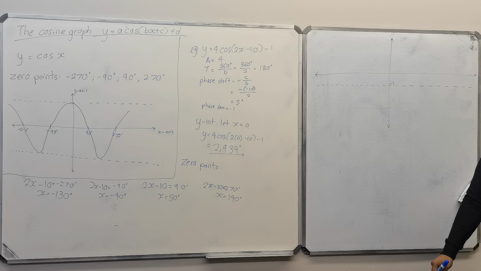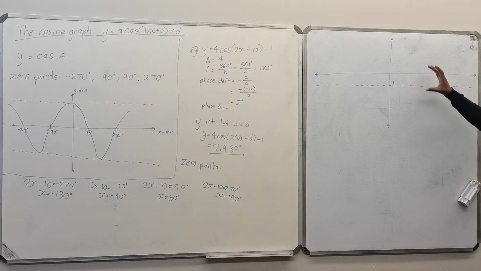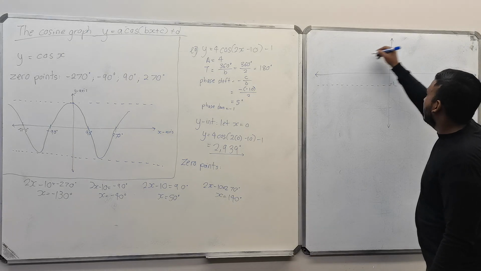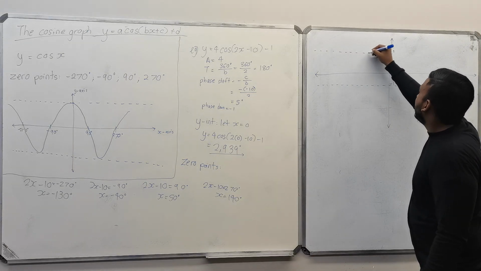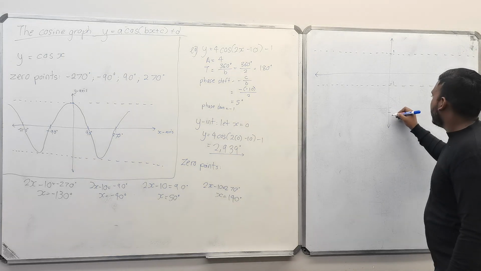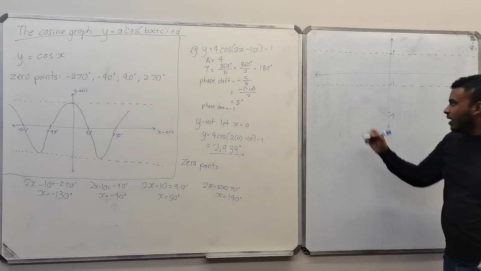Minus 1 plus 4, which is 3, right? Because my amplitude is 4. Amplitude is the distance between your middle line and above or below. So above would be 4 minus 1, which gives you a value of 3, and below would be minus 1 minus 4, which is minus 5, right?